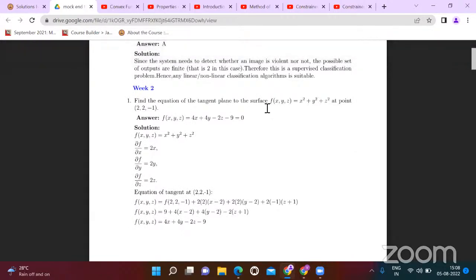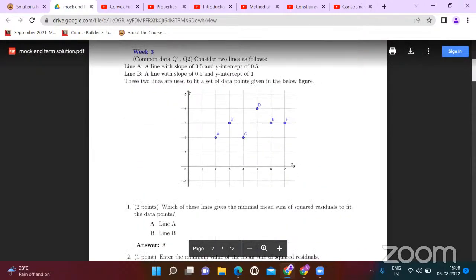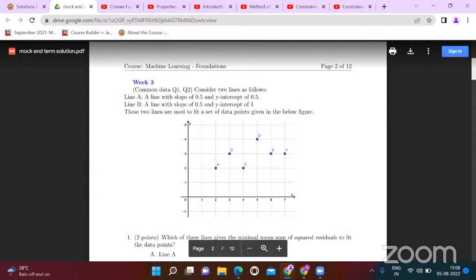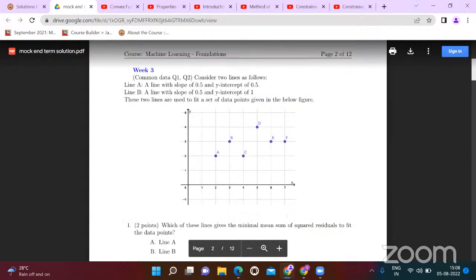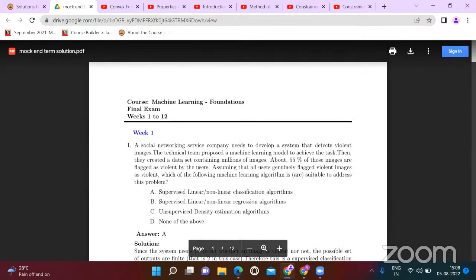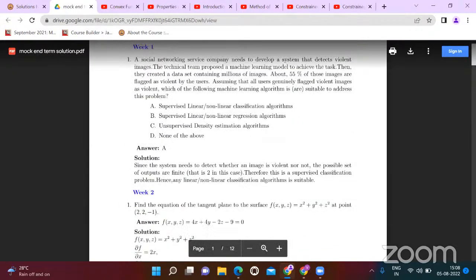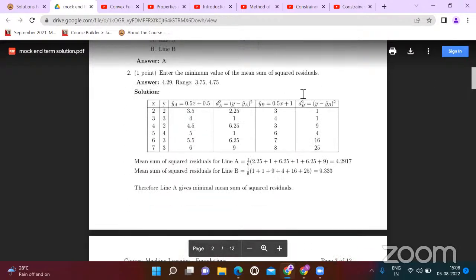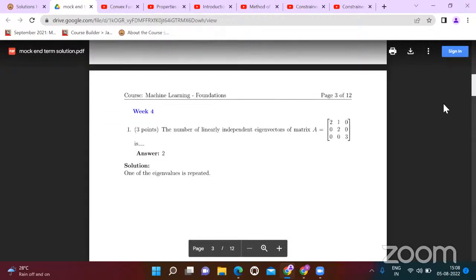No, sir, downwards, question 2 below that. Maybe there is some error here too. Not this one. The mean squared error question is the very first question we opened in this mock, below this question.